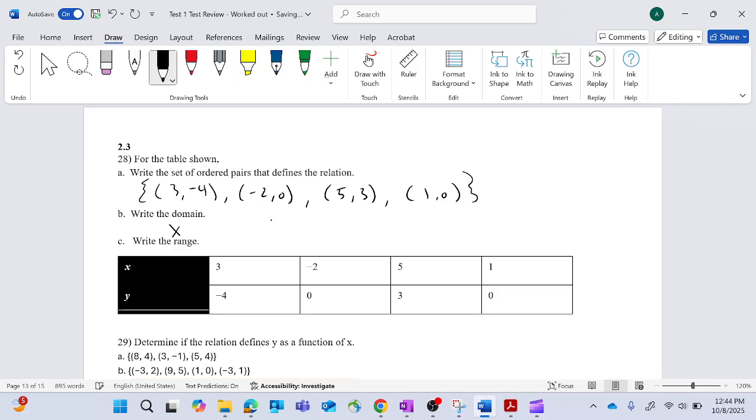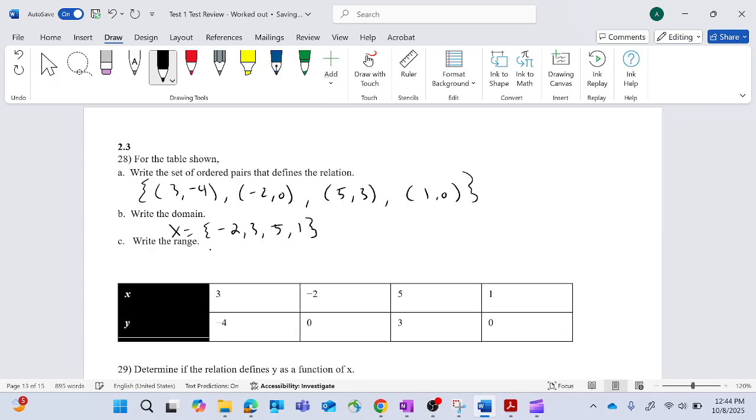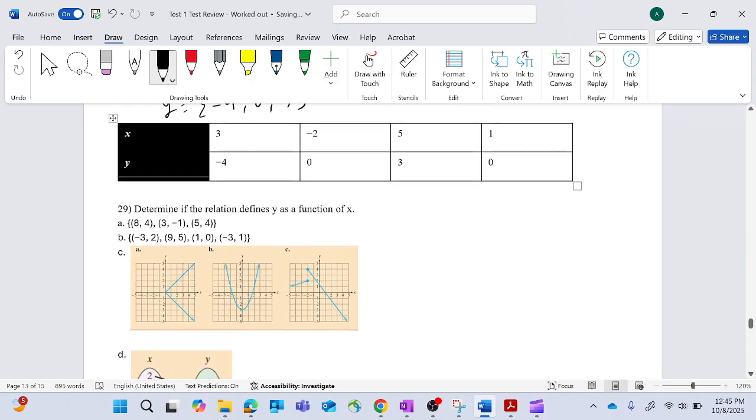So in this case, x will equal the set of negative 2, 3, 5, and 1. Kind of wrote it in a bad order there, but no big deal. And then the range is all the y's. So negative 4, 0, 3. I don't need to put 0 twice. I already have it in the range, sorry.